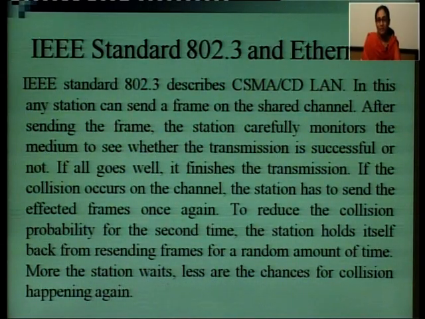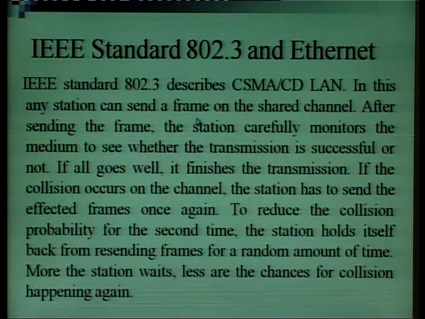What is the access method which is basically used in Ethernet? That is carrier sense multiple access with collision detection, that is CSMA/CD LAN. What is this access method? In this, any station can send a frame on the shared channel. So a single channel is shared by the different stations.